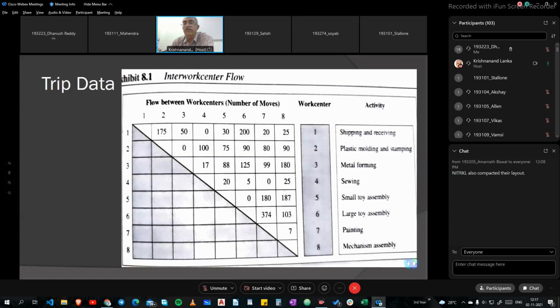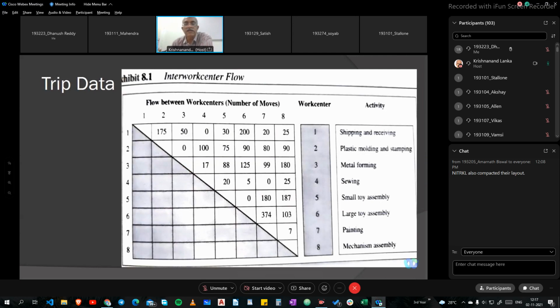Similarly, if we have to evolve a better layout for NIT Warangal also, we first have to find out the frequency with which students attend various facilities, what is the average distance they travel per day, and see whether we can reduce the average travel time of the students to get various facilities during their stay in the campus.